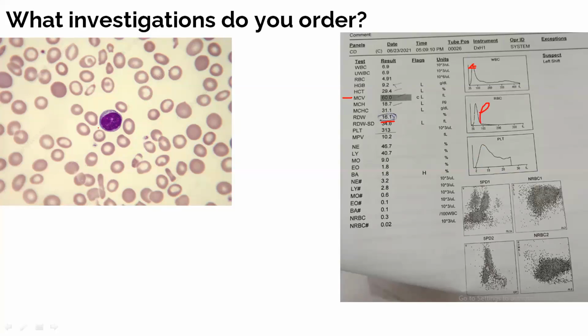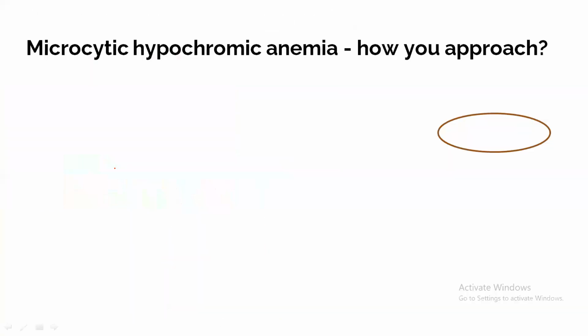Normally the central pallor is 1/3 of the cell size. If it increases beyond 1/3 of the size of the cell, probably you are dealing with anemia. Here all these RBCs have more than 2/3 central pallor. So this child probably has iron deficiency anemia.